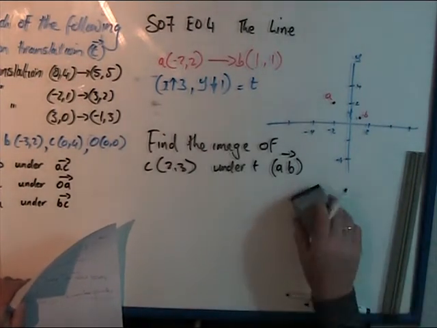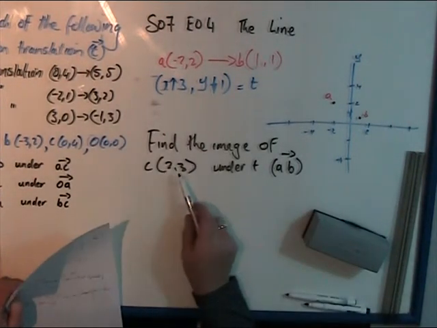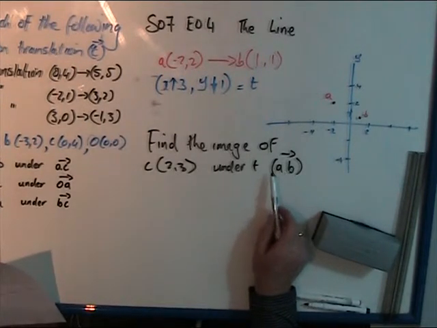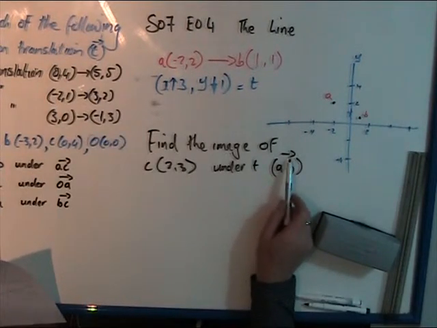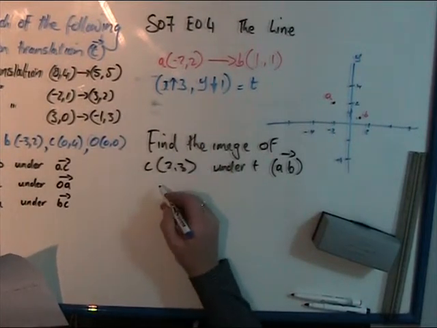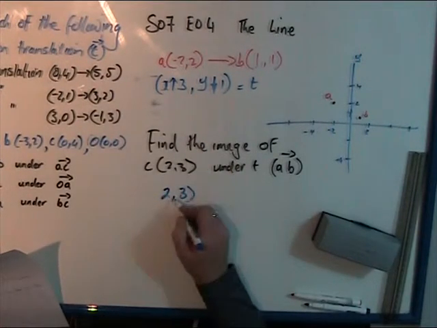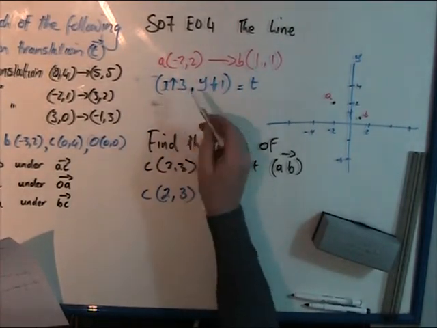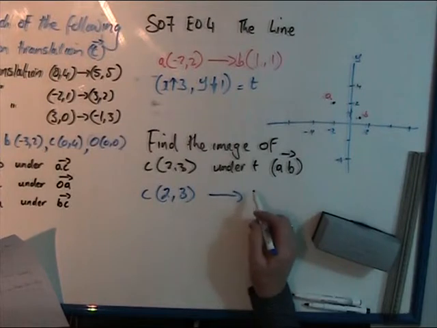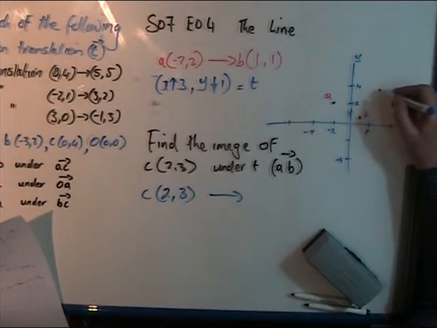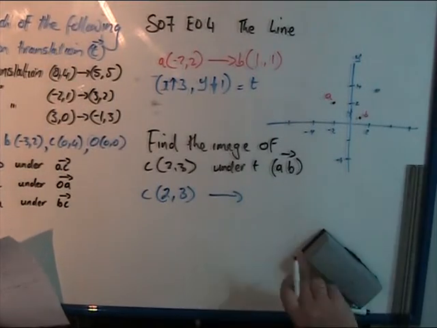Now find the image of C (2, 3) under T, the translation AB. The translation T, which is denoted by the arrow over it, takes A to B. So what happened to C? What happened to the original? X went up 3, so I have to do the same. I'm following the same translation. So C is (2, 3), say it's out here.